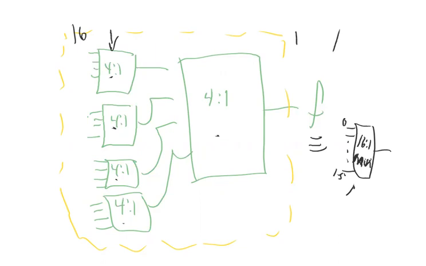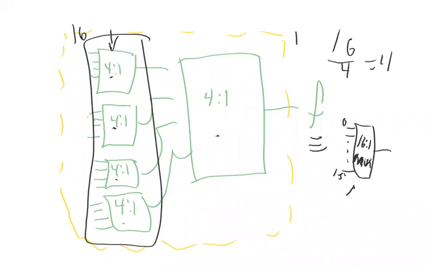So 16 divided by 4, I said 4, but I wrote 5, but I meant to write 4, is equal to 4. And so I needed to have 4 inputs, had to, in order to make 16 to 1.